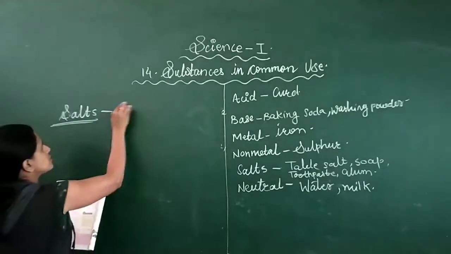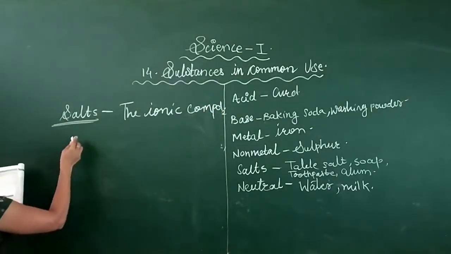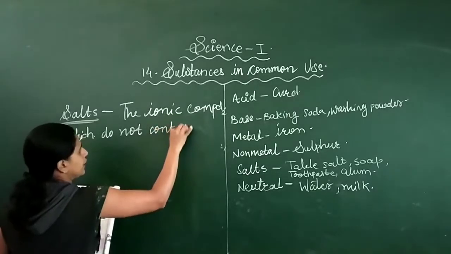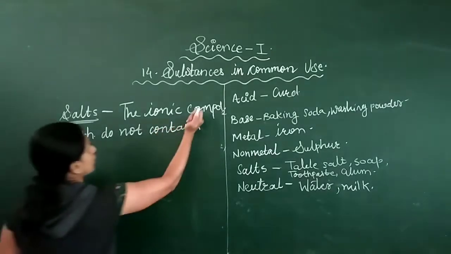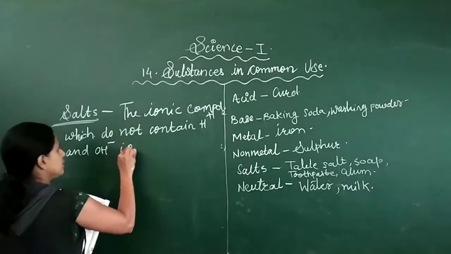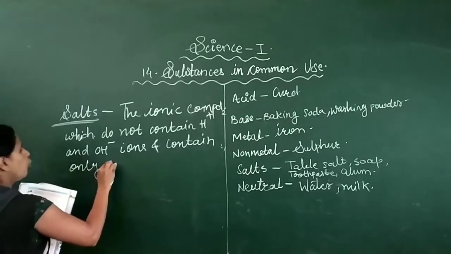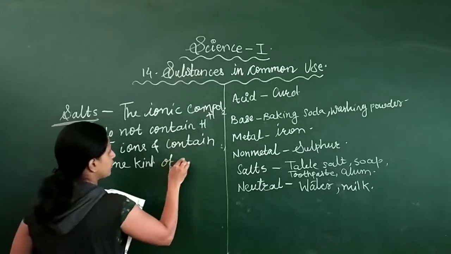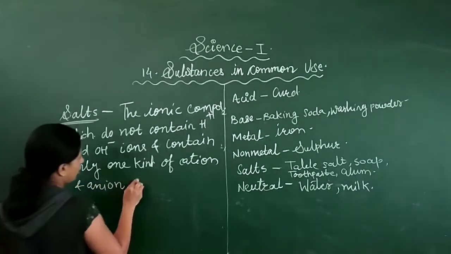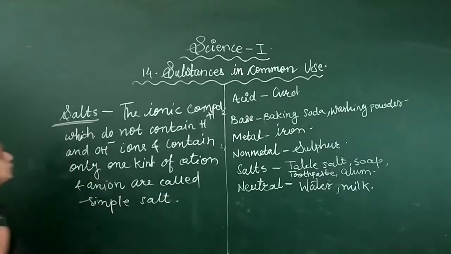The ionic compounds which do not contain H plus and OH minus ions and contain only one kind of cation and anion are called what? Yes, simple salt.